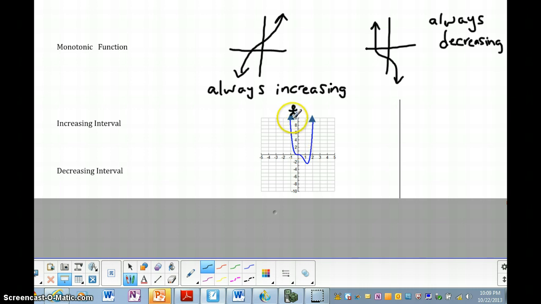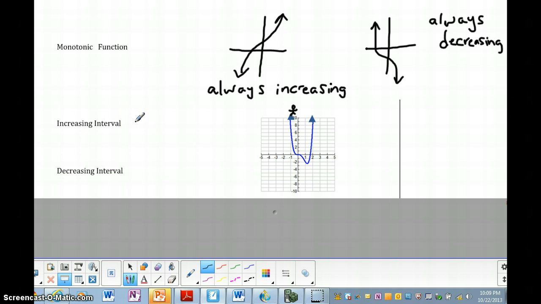So this person, if you're looking at that graph and comparing the y's, would always be decreasing. Our slope would always be decreasing here. So this section would be a decreasing interval, and then at this point that little person would start walking up our function. So that would be an increasing interval.